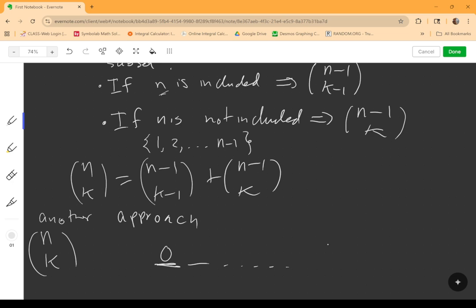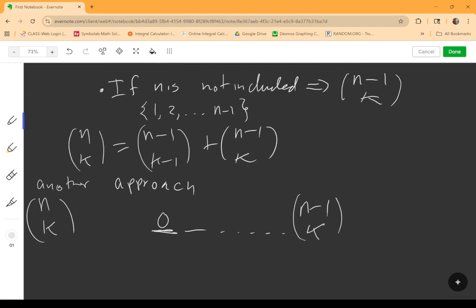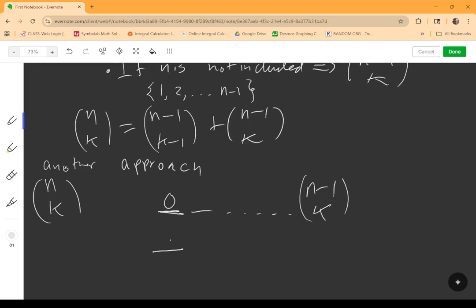Then the rest would be n minus 1 choose k, because I have n minus 1 positions and I still need to put in k ones, since it's of weight k. Now let's say it started with 1. I still have those n minus 1 positions to account for, but in this case, I want to distribute k minus 1 ones across those n minus 1 spaces. And as we see, these are completely disjoint, with no overlap in these bit strings.